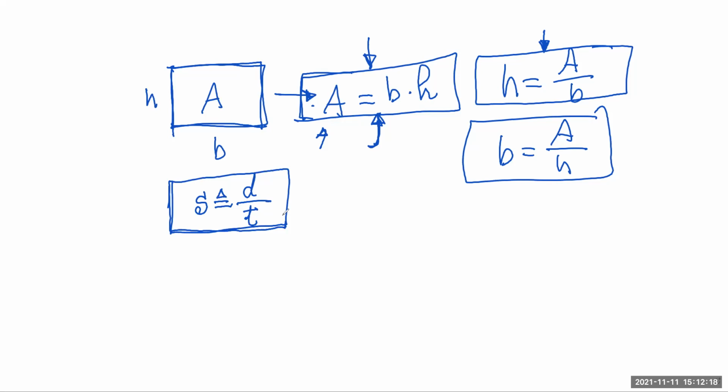When we say something is by definition, that means that's given. We don't have to prove it, because that's just what we mean by that. So the average speed is defined as distance over time.